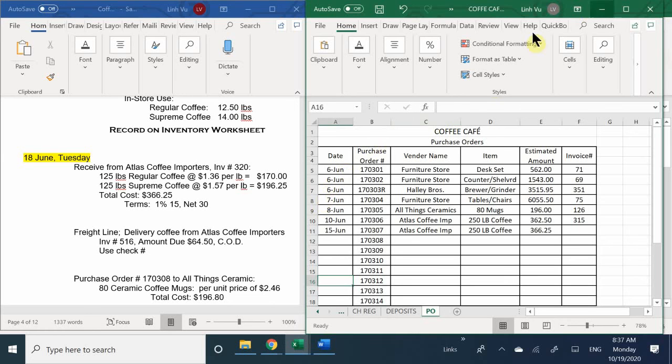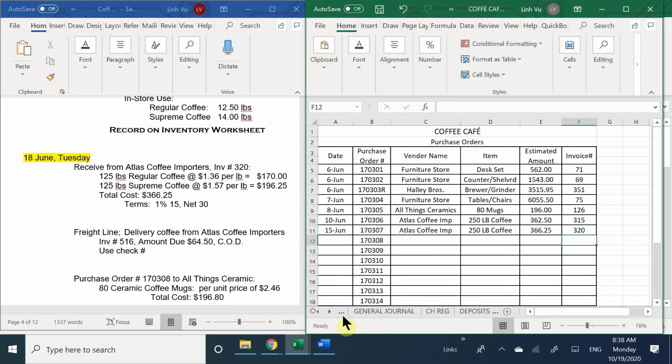We have to make sure that we know that we received it. So here, for the 366.25, our invoice was what? Invoice number 320. All right. Okay.